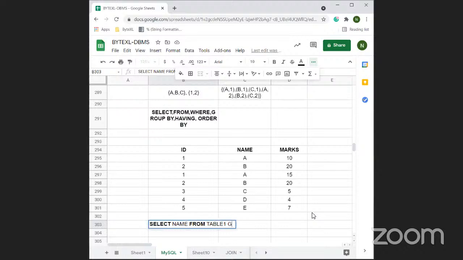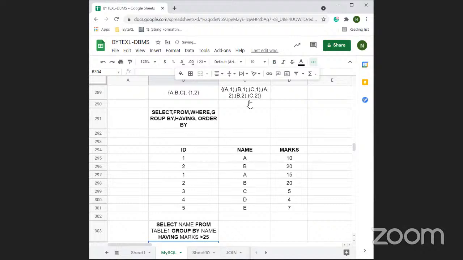So what I can use is I can group them, group by, which is a keyword, group by name, having, a keyword, marks greater than some 20, 25, some value, whatever you want.